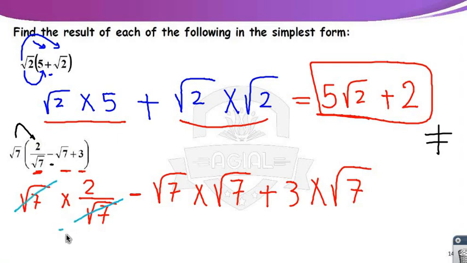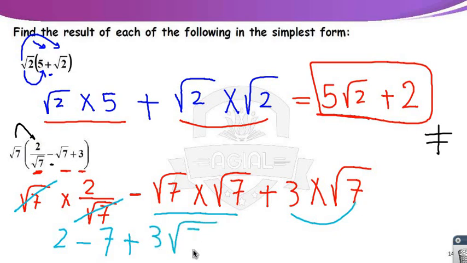So the first term will be 2, minus square root of 7 by square root of 7, which is 7, plus 3 by square root of 7, which is 3 square root of 7. So here we have 2 minus 7, it will be minus 5, plus 3 square root of 7.